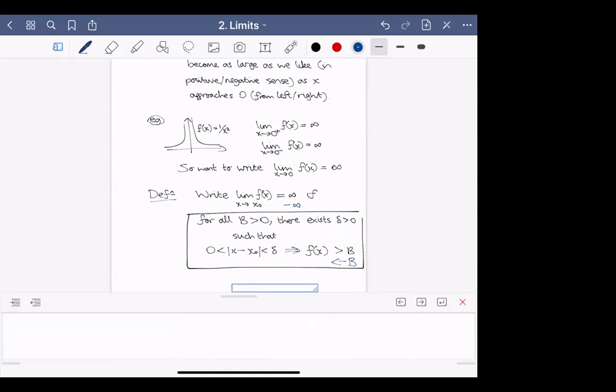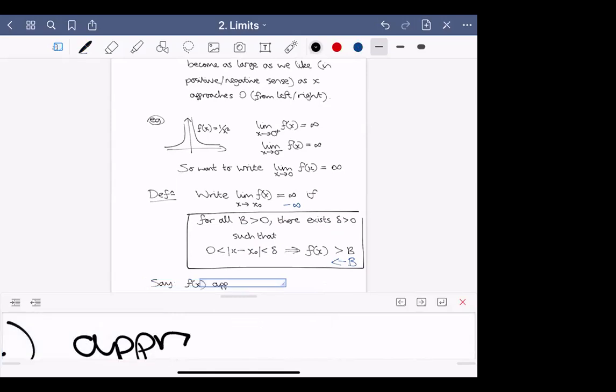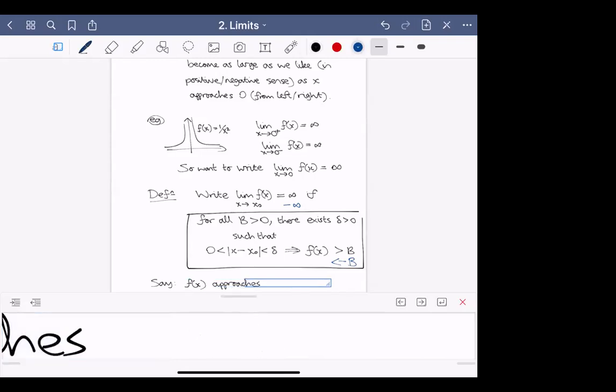So I want f(x) to be less than minus b, which is a big negative number. So we say that f(x) approaches infinity or minus infinity.